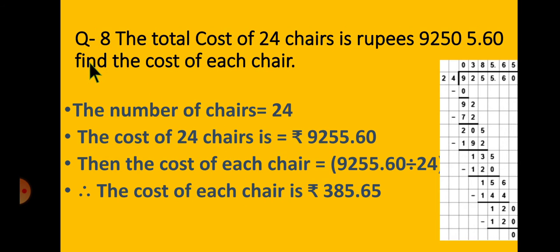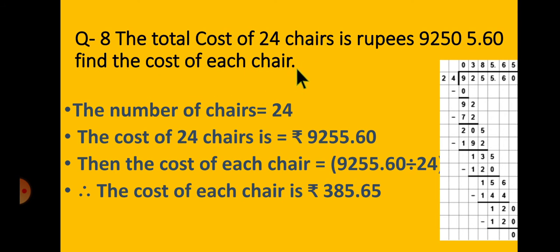Our question number 8. From question number 8, our word problems start. So this is our word problem. Question number 8. The total cost of 24 chairs is rupees 92,505.60. Find the cost of each chair.